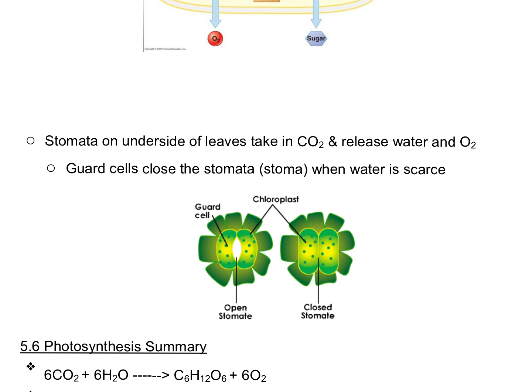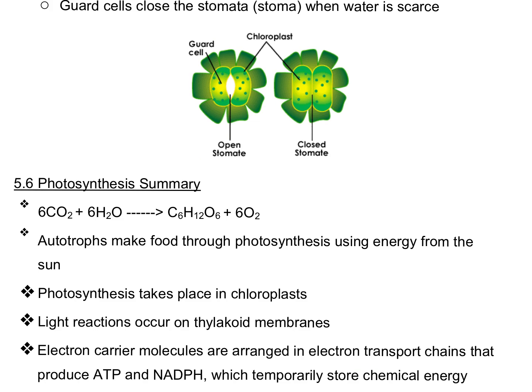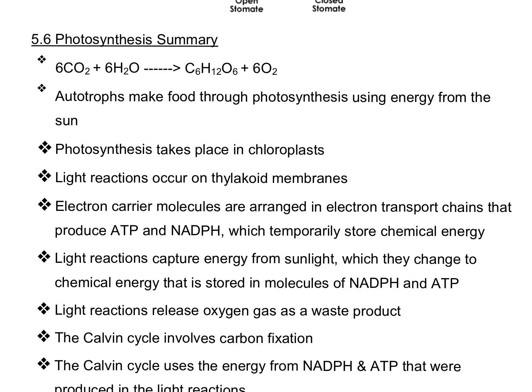So that gives you a quick overview as to how photosynthesis takes place and how we end up with ATP. When you scroll down to the bottom, your summary really gives you the bullet points of what you need to walk away from this chapter knowing.